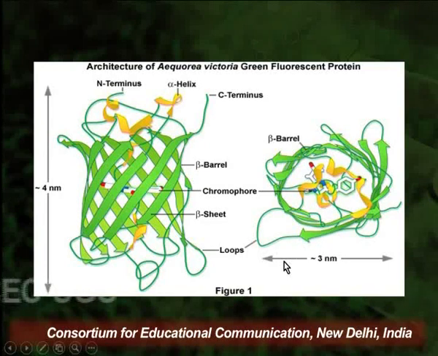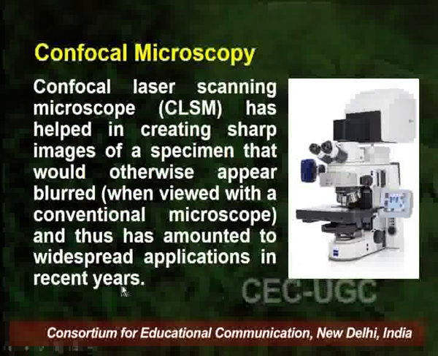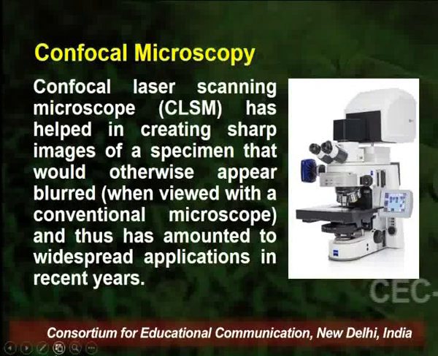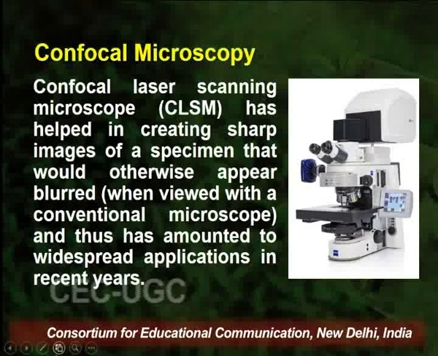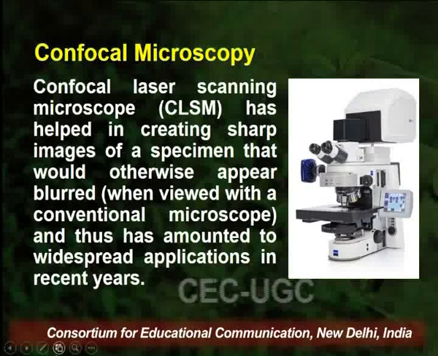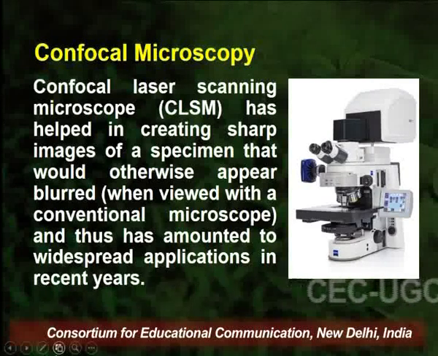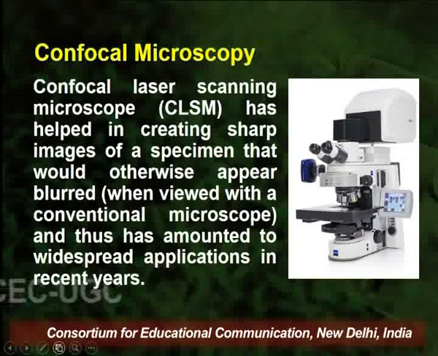Now we shall move from fluorescence microscopy towards another very important variation of microscopy, that is called confocal microscopy. So confocal microscopy, or the modern day terminology used for confocal microscopy, is confocal laser scanning microscope, CLSM.